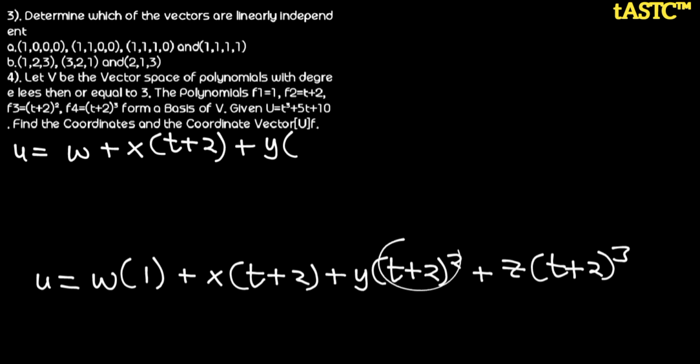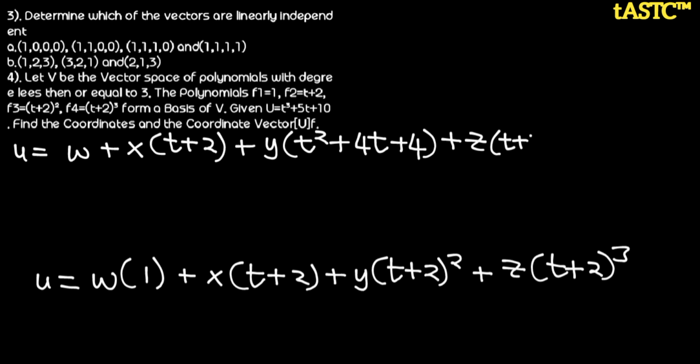If you want to open them, that will be T plus 2 multiplied by T plus 2. If you did that, you should have T squared plus 4T plus 4. Now on this other side, I'm going to have a Z multiplied by T plus 2, and this will be multiplied by T squared plus 4T plus 4.